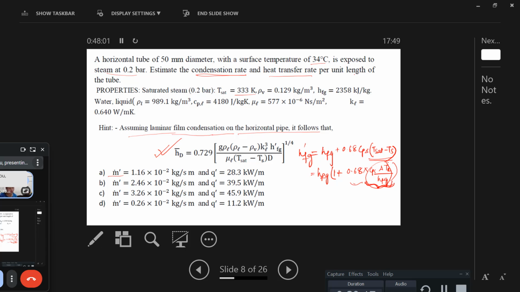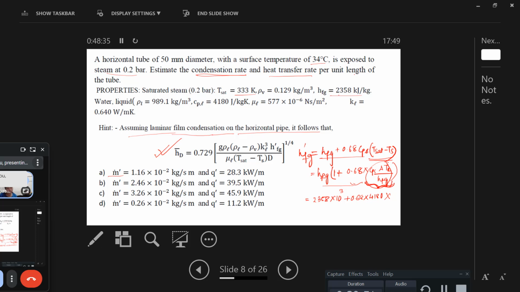So anyways, we can directly find from here, or we can find from here also. So hfg' is equal to 2358 into 10 cube plus 0.68 into cpl, which is 4180, into T sat minus Ts.